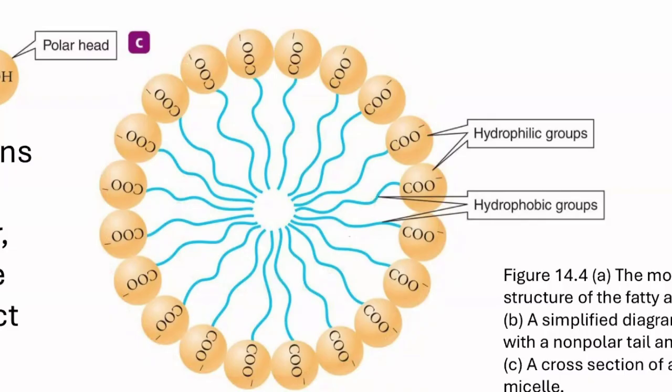Now, that C double bond O, which is represented here as COO minus, is going to be hydrophilic because those groups can interact with water. The nonpolar tails, since they are inside of the micelle, are hydrophobic groups. They will not like to interact with water, so that's why they are in the interior of a micelle.